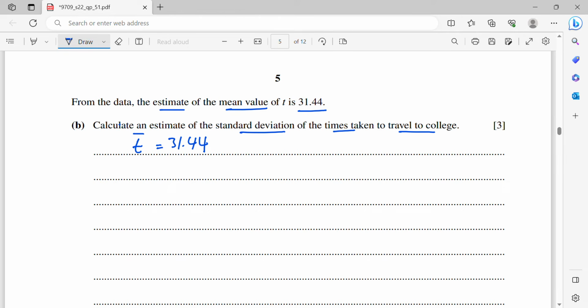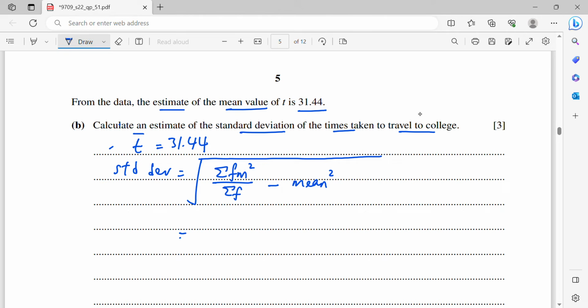So from here, I will write standard deviation equals square root of summation fm squared over summation f, minus mean squared. Okay, because you are given the mean already.